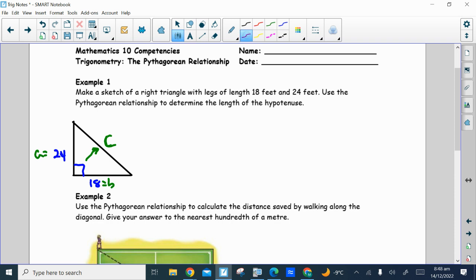Okay, so the Pythagorean theorem says that a squared plus b squared equals c squared. So we said that a was 24 and that b was 18. So that's what it'll look like in the Pythagorean theorem. Now on the video, he squared each number first and then added them together.